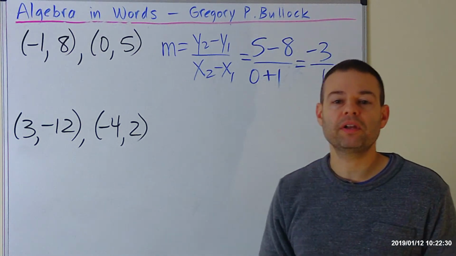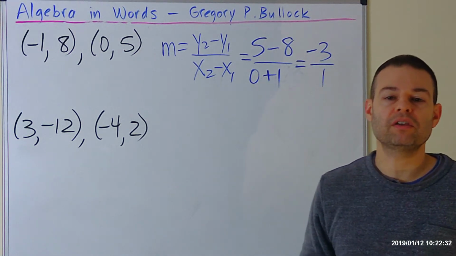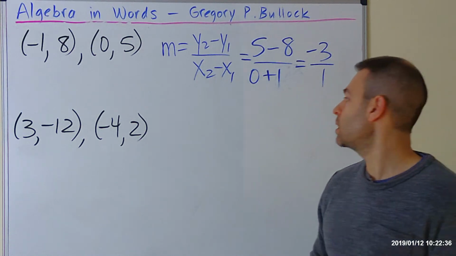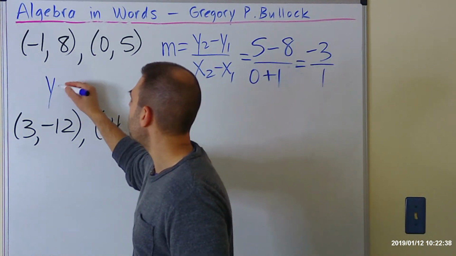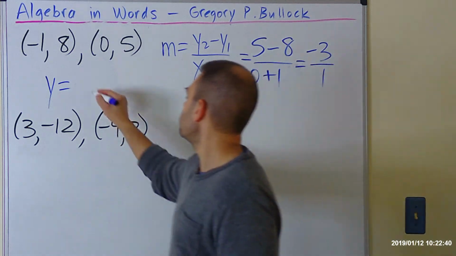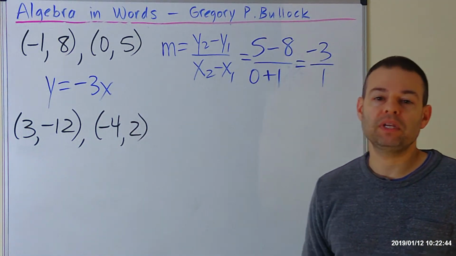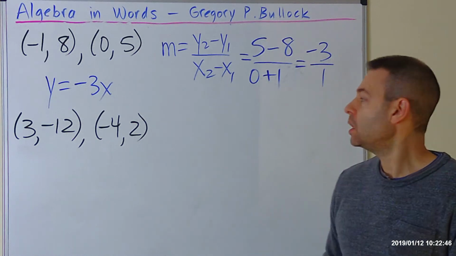Okay, and when we put it into the equation, we can change -3 over 1 to -3 only. So let's write the equation for what we have. Y equals -3x, but now we need the y-intercept.